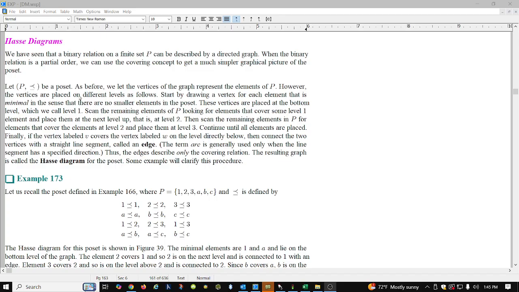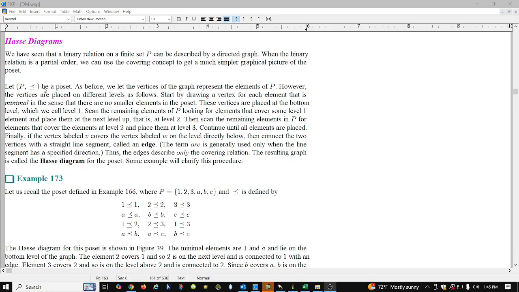In a way it is, but let me describe what it would look like. So we start with a poset P. As before, we let the vertices of the graph represent the elements of P, but we place the vertices on different levels, and they're ordered vertically, so level 1 is below level 2, which is below level 3.